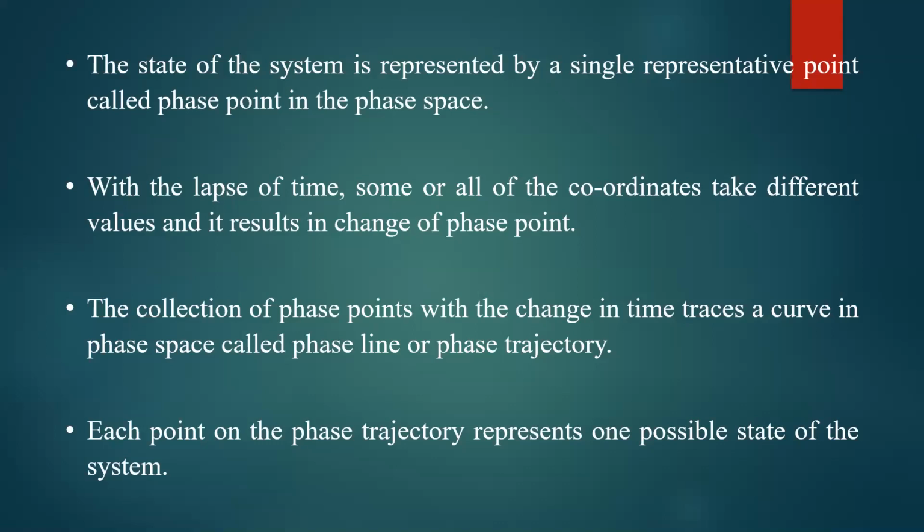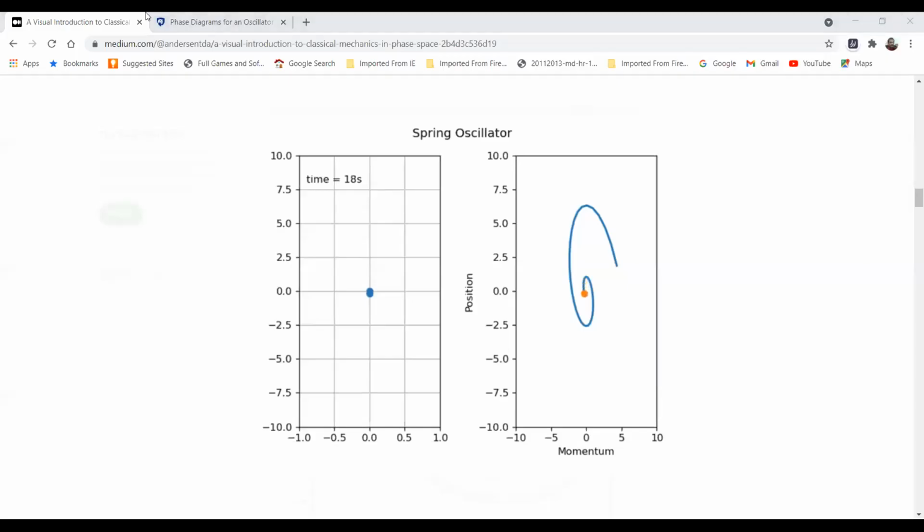Okay, each point on the phase trajectory represents one possible state of the system. Each point on the phase line will give you one possible state of the system. Okay, so I will show you another animation in order to understand the concept properly.